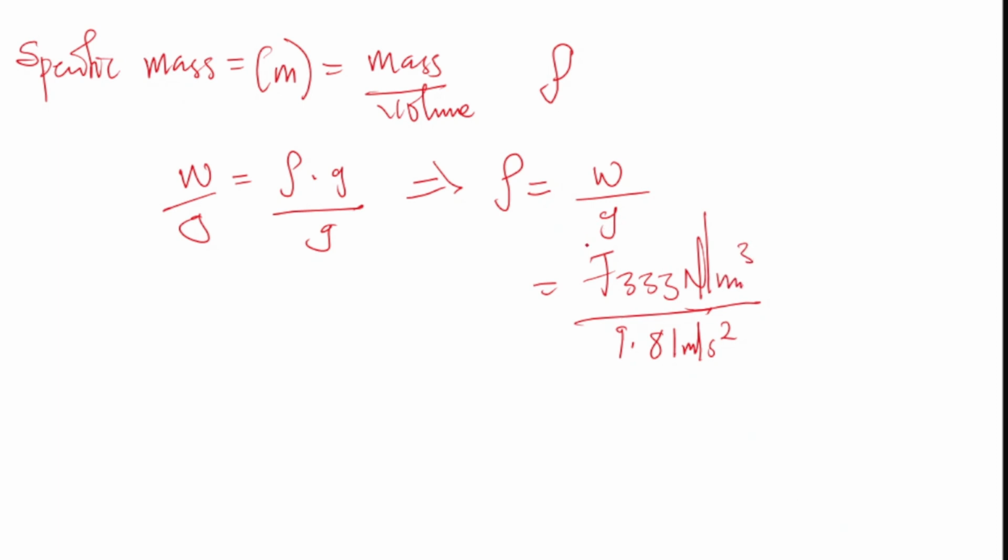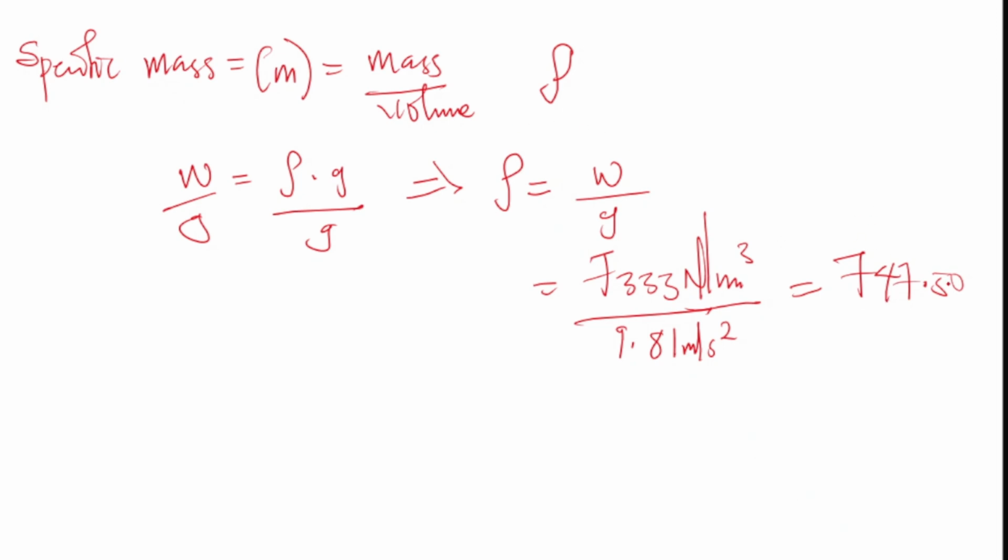Now, what you simply do is you punch 7.333 divided by 9.81 in your calculator. If you punch that, you simply arrive at 747.50. And what will be the unit? Remember, mass is measured in kilogram. Volume is measured in meter cube.